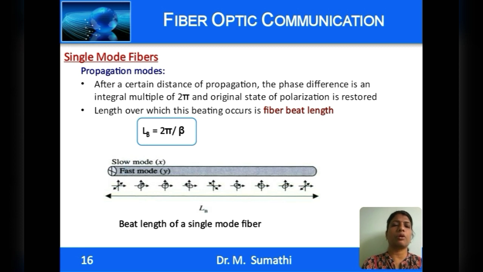As the mode propagates along the fiber, the polarization state keeps changing, and after a certain distance, the phase difference becomes an integral multiple of 2 pi and the original state of polarization is restored. This distance over which the beating occurs is called the fiber beat length, and it is given by Lb = 2 pi by beta, where beta is the propagation constant.